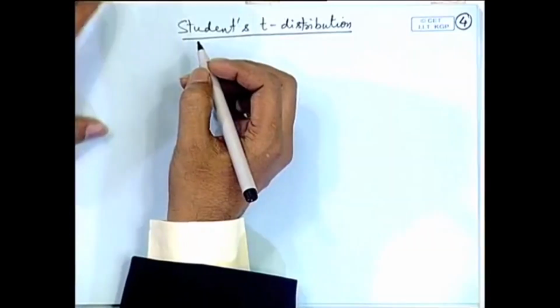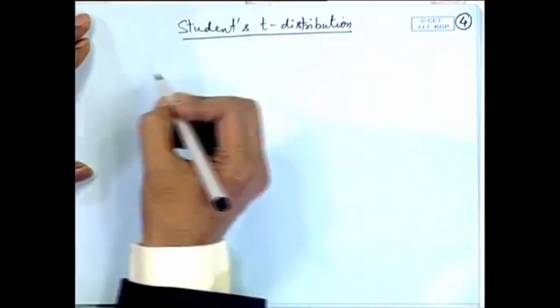However, he worked in a brewery, and therefore, it was not permitted for him to give his affiliation as working in a brewery. So, he used a pseudonym student, and therefore, the distribution became famous as student's T distribution.